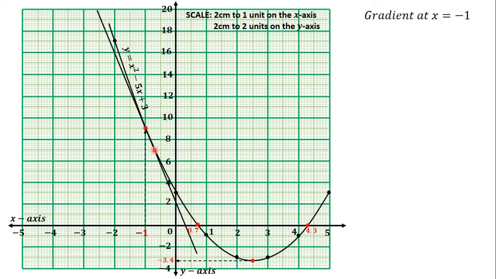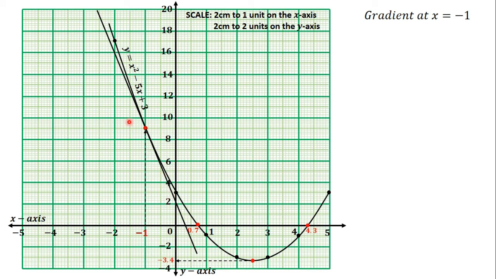After you have drawn the tangent, you will then find the gradient of the tangent. The tangent is a straight line, and we already know how to find the gradient of a straight line. You will choose 2 points that fall on the line and then use the formula gradient is equal to y2 minus y1 divided by x2 minus x1.